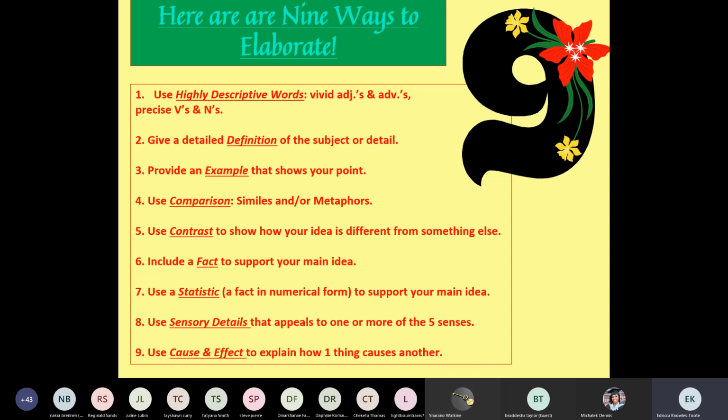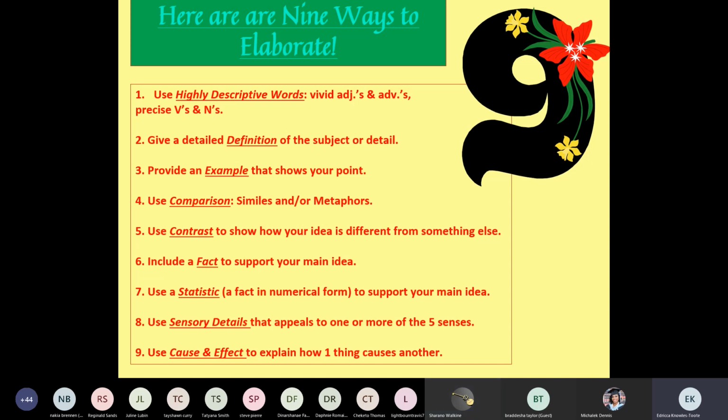Sensory details. Do you remember sensory details? The five senses. What are the five senses? When we're referring to sensory detail, what do we use? Taste. Very good. What else? Seeing. Very good. Smell.